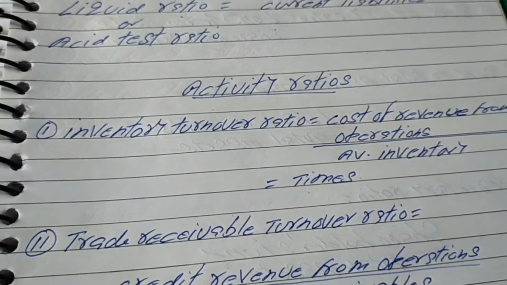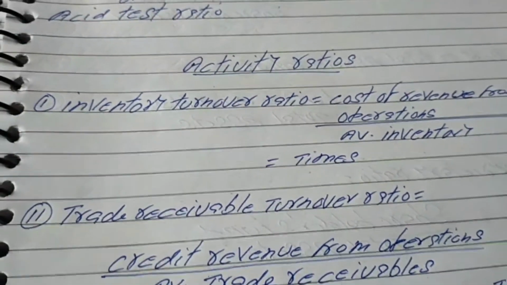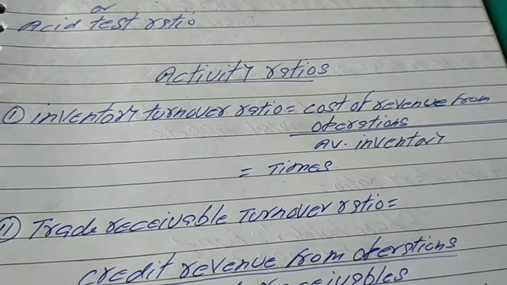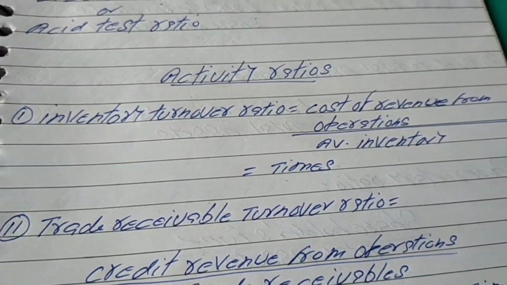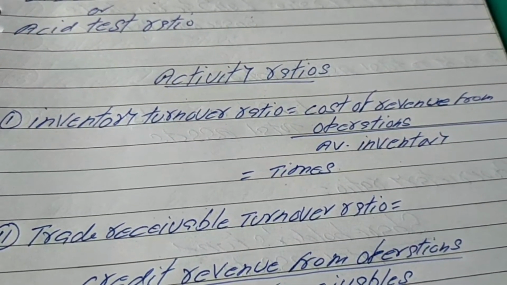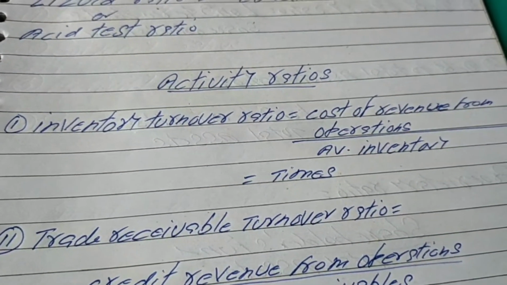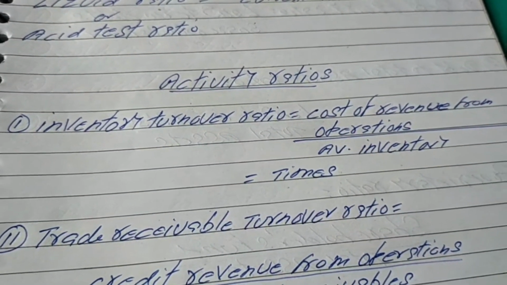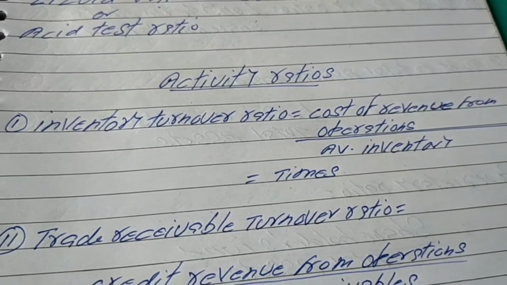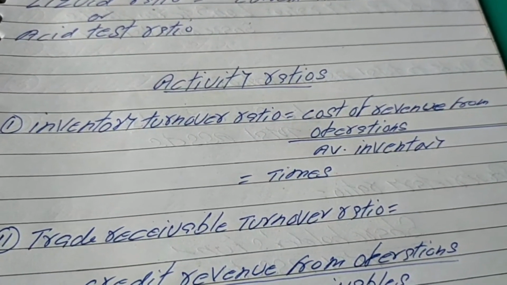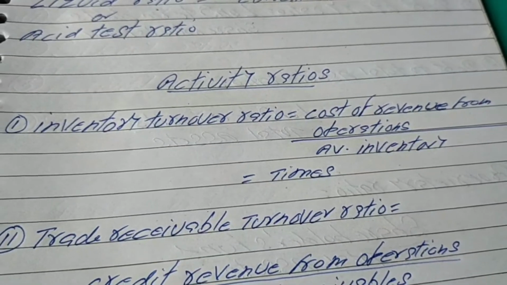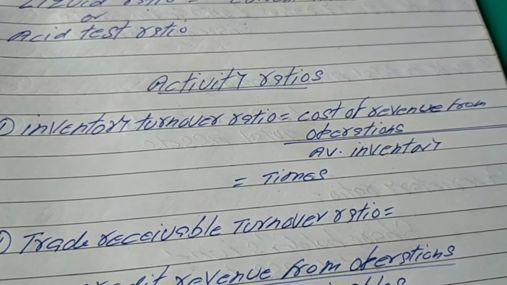In activity ratio we have the first formula, inventory turnover ratio. Inventory means stock, and the formula is inventory turnover ratio is equal to cost of revenue from operations upon average inventory. Cost of revenue from operations means cost of goods sold.